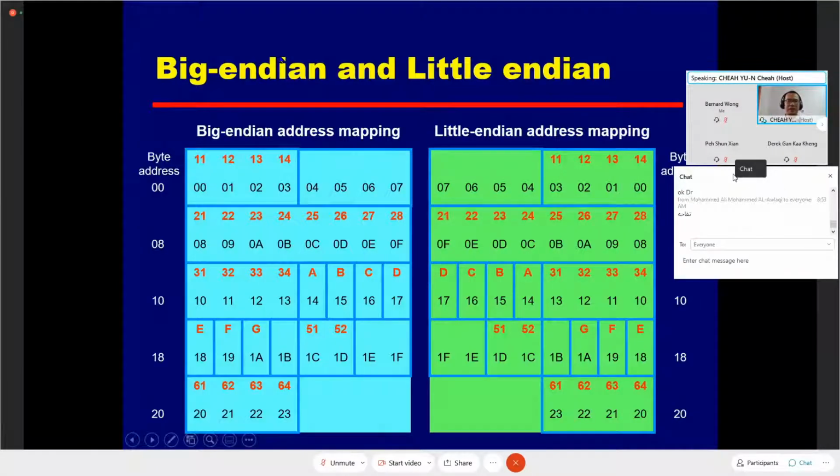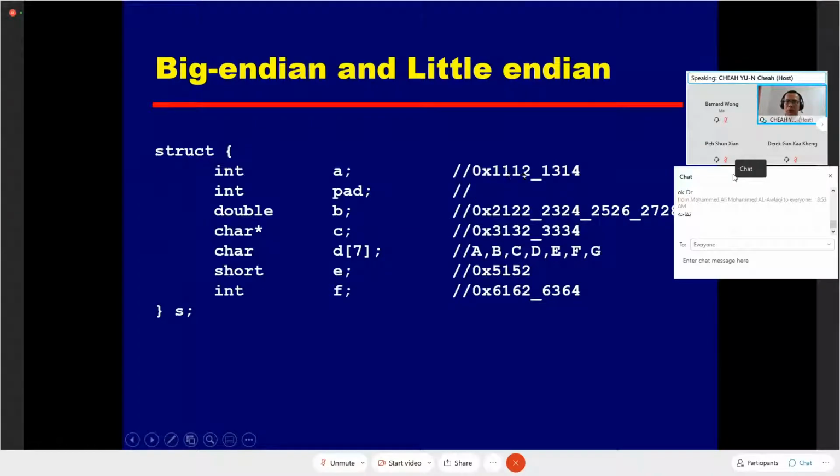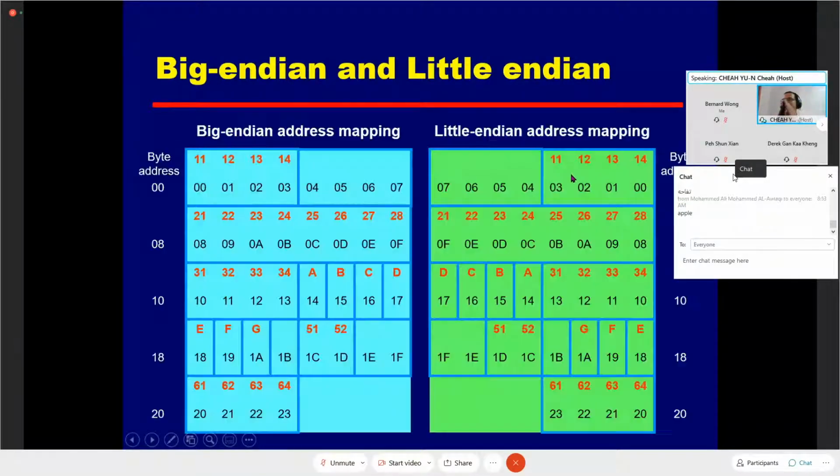So A is supposed to be 11, 12, 13, 14. That's the integer here. In big endian, you start filling from the left to the right, so you see 11, 12, 13, 14, which fills up 1 word. But for little endian, since the addresses start on the right side, you fill from the right side. It's 11, 12, 13, 14.